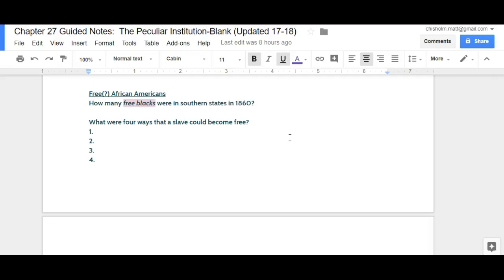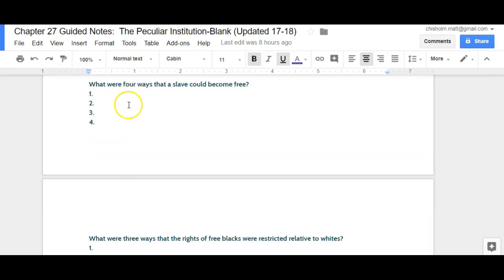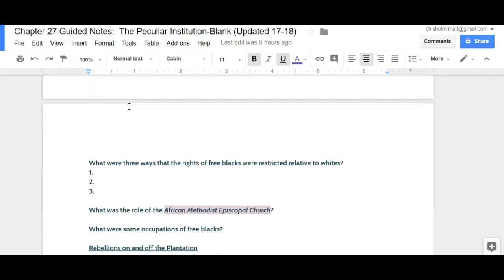And fourth, if you were an interracial child, you're usually freed, because guess what? The master or maybe an overseer, or at least somebody at a high enough rank on the plantation is probably your father. So anyway, those are 4 ways you can become free. The first two, manumission and buying freedom, are generally the 2 largest ways.